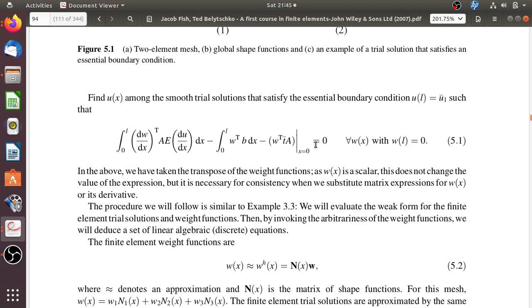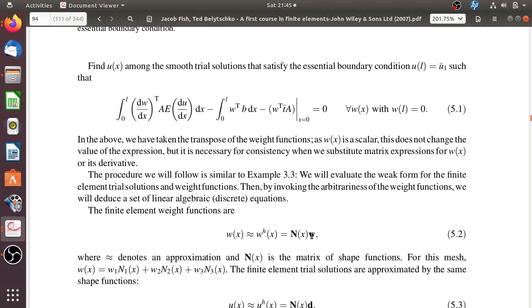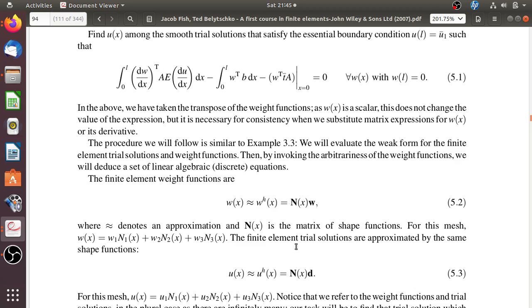Now what we will do is we will put this one, okay, in the place of w, and put this one in the place of u. So remember, we have to put this one not just here, we have to put it over here as well as over here, okay.